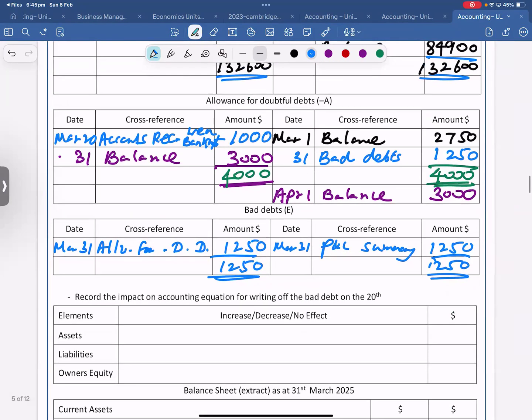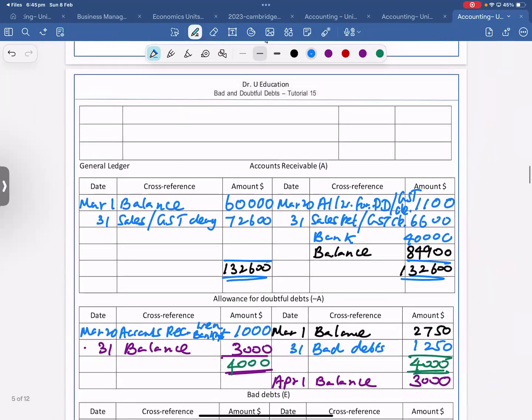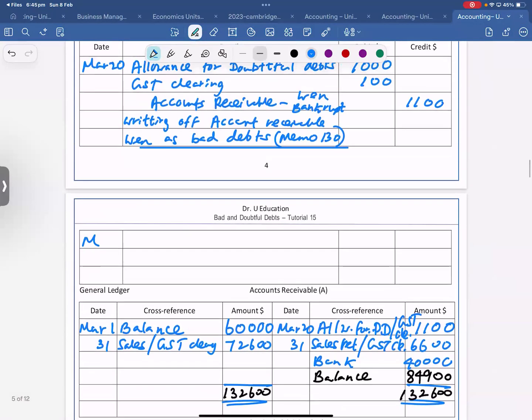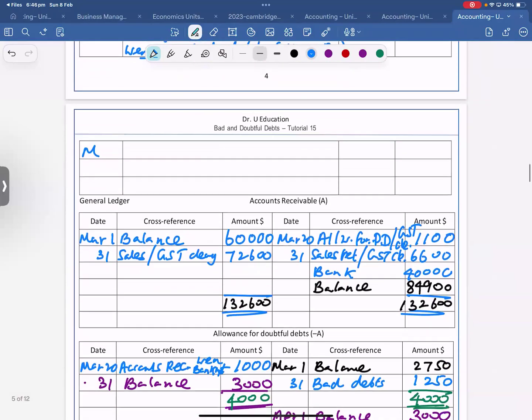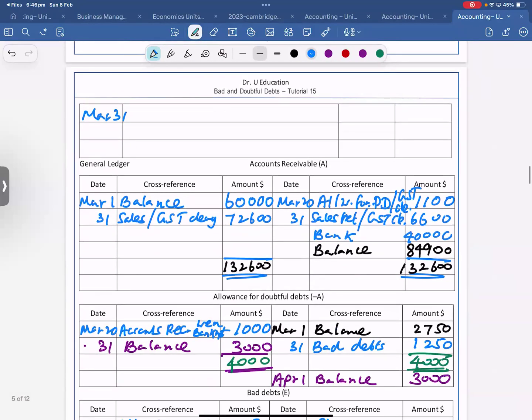Right. What's the impact on the account equation because of the bad debt on 20th? We can write a general journal. So what's the general journal entry, guys? March 31st. Now, when you are writing in the general journal, do you have to write the date fully? Yes, in the general journal we have to write it fully, okay? March 31st. What do you say, guys?